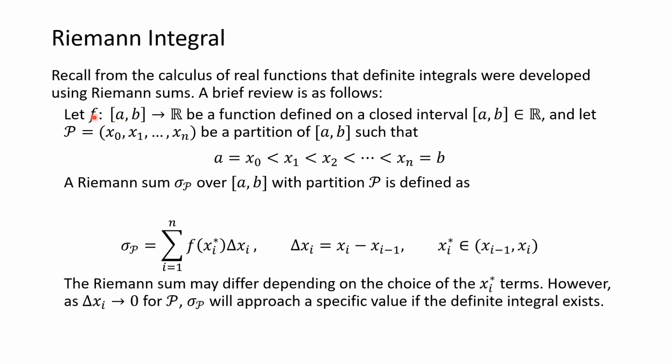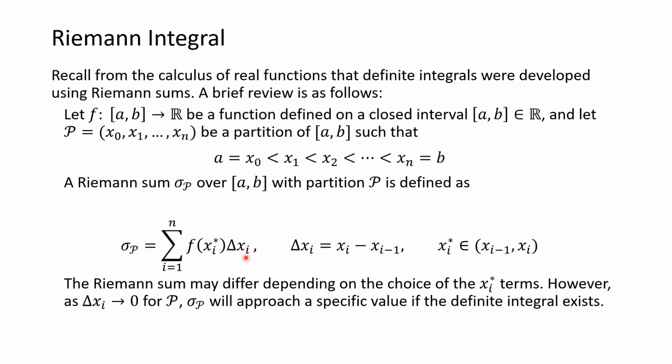You want to find the area under the curve f of x between the points a and b, and we break up a and b into a series of small intervals bounded by x1, x2, all the way up to xn, where xn equals b and x sub 0 equals a. Then the Riemann sum for this particular partition is defined as this sum here.